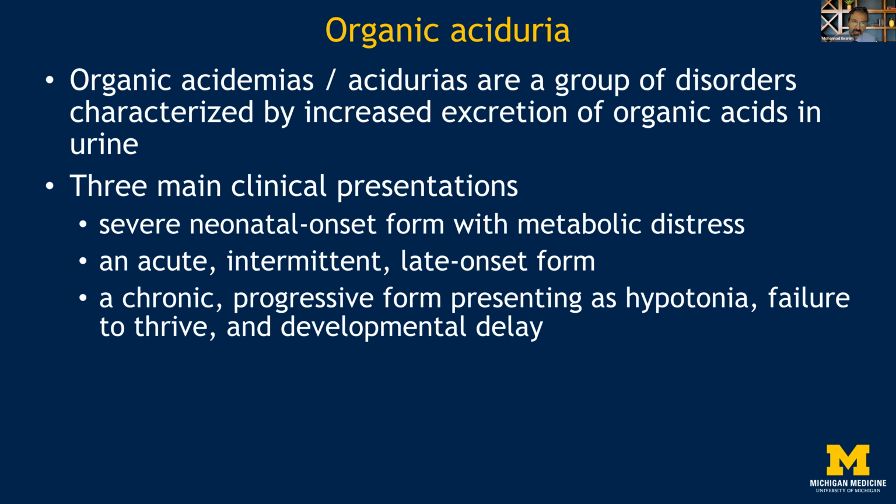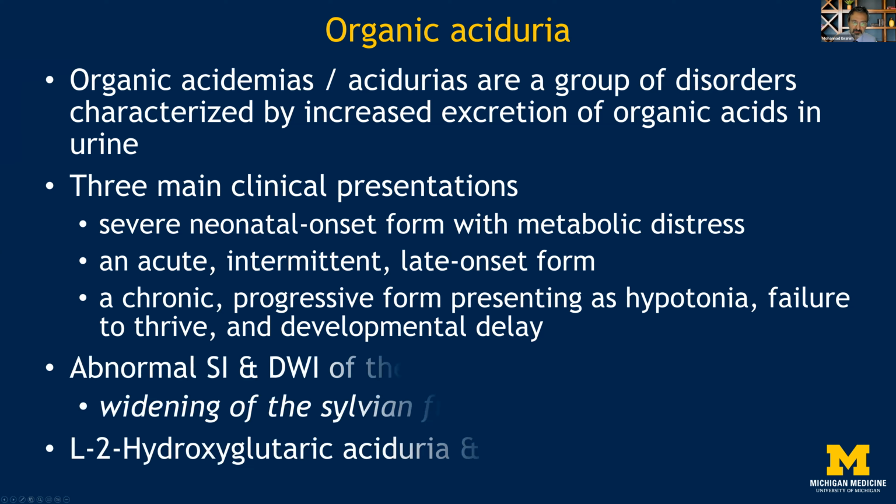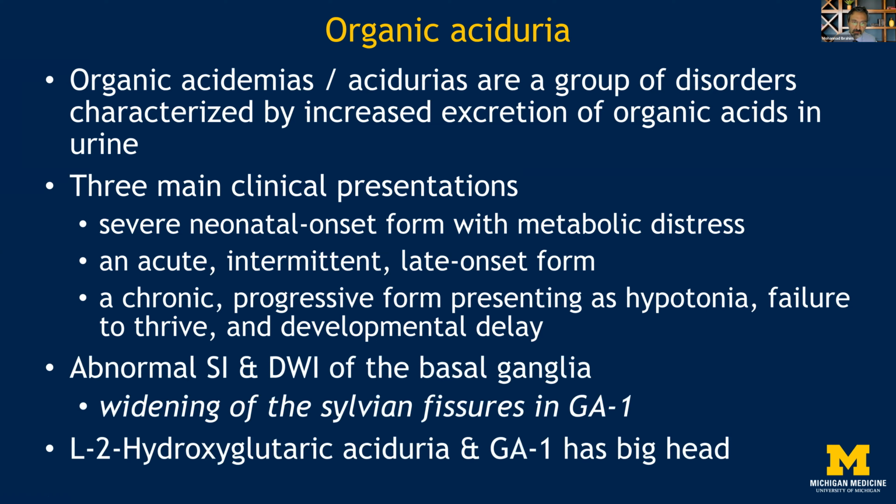And then finally, we can have a chronic progressive form that presents as hypotonia with failure to thrive and developmental delay. The majority of patients who have organic aciduria will have abnormal signal of the basal ganglia, and depending on the stage of the abnormality, you can have diffusion restriction. However, again, in the chronic stages, there would be no evidence of restricted diffusion.